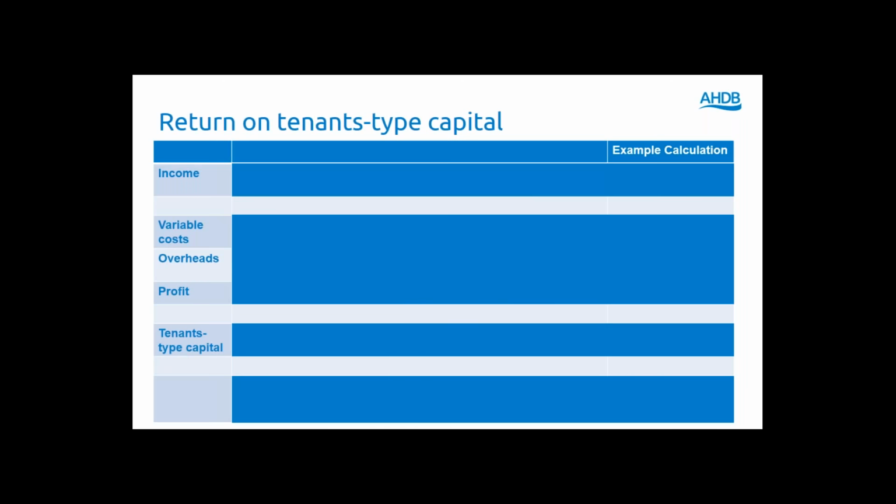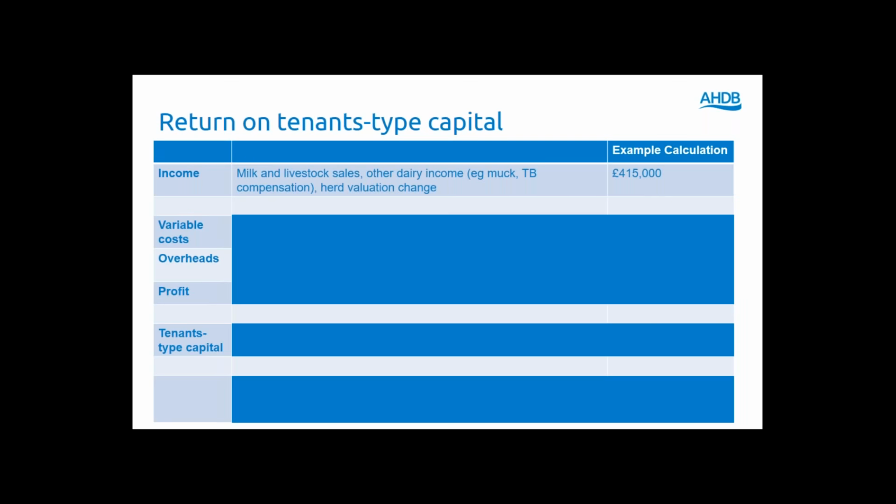Okay. So how do we calculate that? We need the income, the variable costs and the overheads. We calculate profit and then include the tenant type capital items. The income is very straightforward: sales income, and because this is looking at a profit and loss account, you'd include herd valuation change as well.